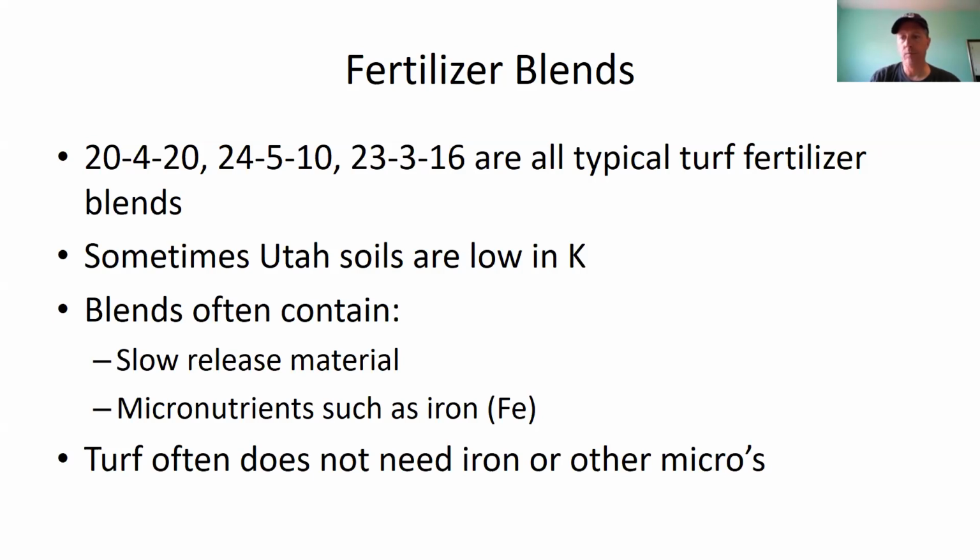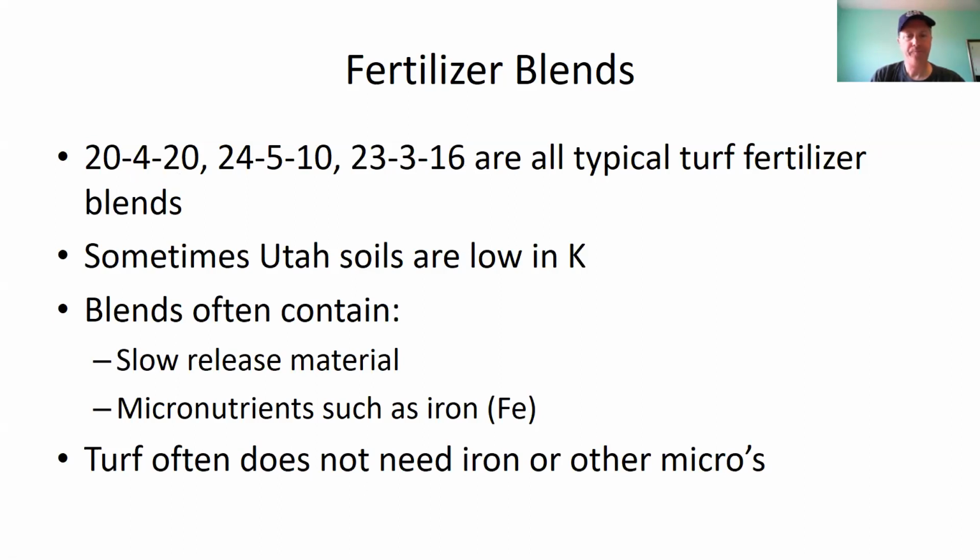But knowing that these are the percentages of each, the nitrogen, phosphorus, and potassium, 20-4-20, 24-5-10, 23-3-16, there's no difference in these. A few percent of phosphorus or potassium here, there's really not a lot of difference. And that's when I say it's oftentimes less important which one you choose.